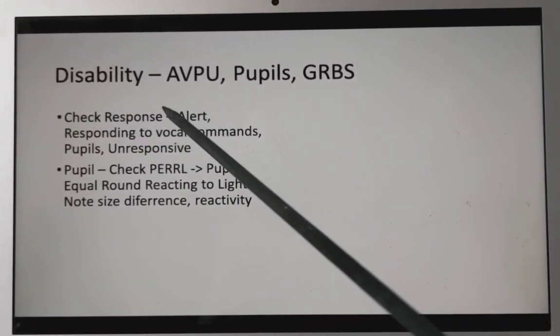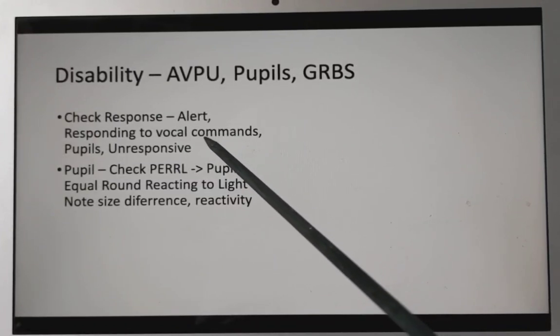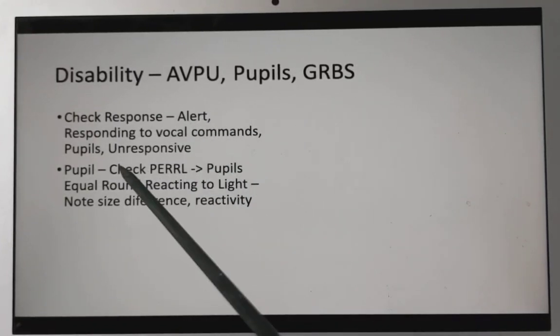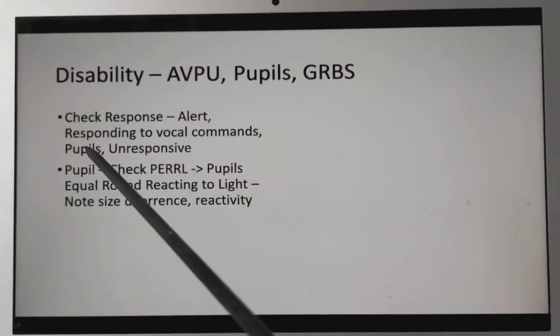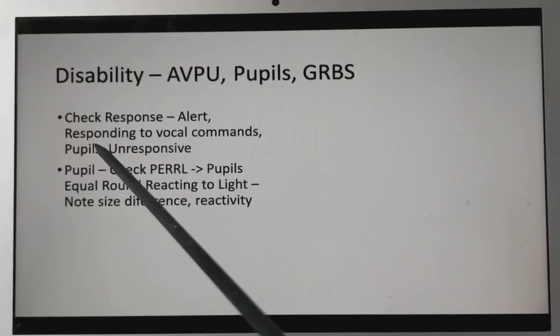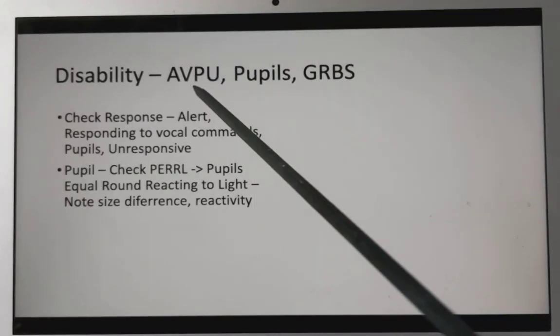But how do you check that? So first of all, check response. Are they alert? Are they responding to vocal commands? Or are they responding to pain, this is not pupils, this is responding to pain, or are they unresponsive. So AVPU scale.